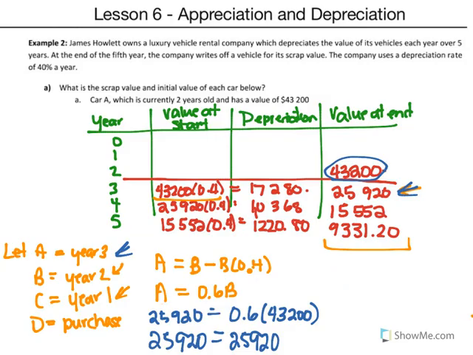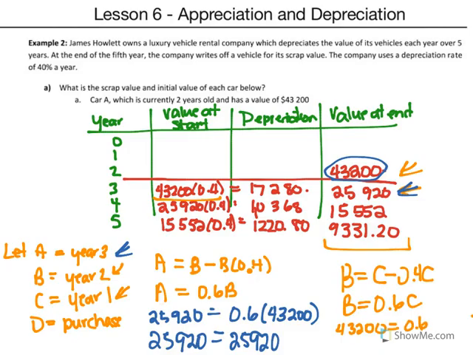working backwards, year 2 is equal to year 1, subtract 40% of year 1. So year 2 is equal to 60% of year 1. Now we only know year 2 to be 43,200. So we're going to divide by 0.6 to find our year 1 value. And when we divide those numbers, we get $72,000.